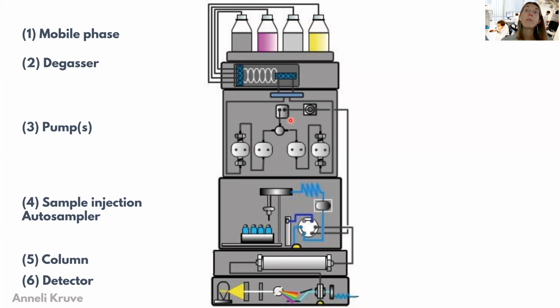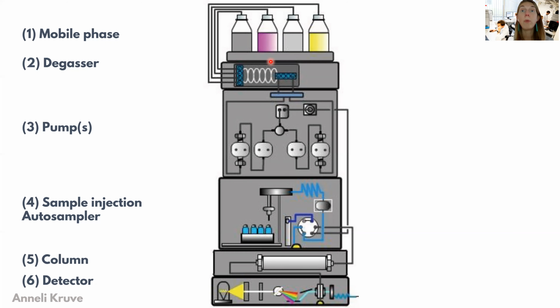And then after this come the pump or pumps. Usually there is one or two pumps, and two pumps are used to mix two mobile phases. So we can mix two mobile phases online inside this apparatus.